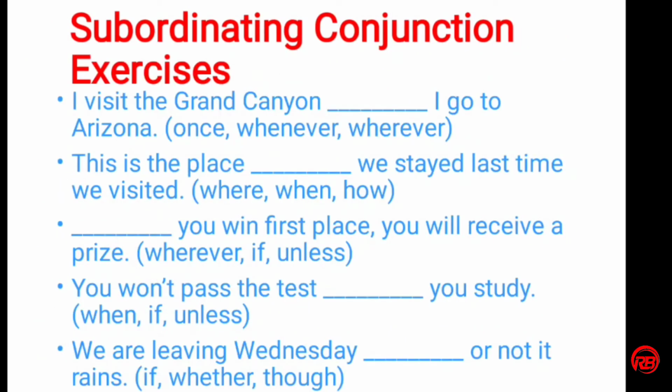And here I have given you examples for subordinating conjunction, coordinating conjunction, and correlative conjunction. Go through it, try to make your own answer.